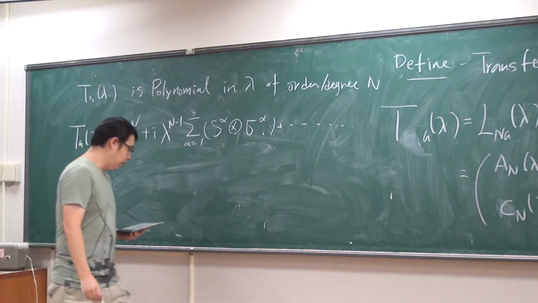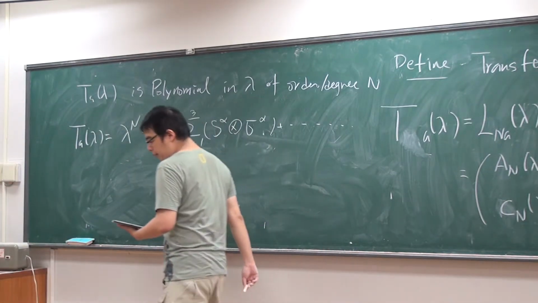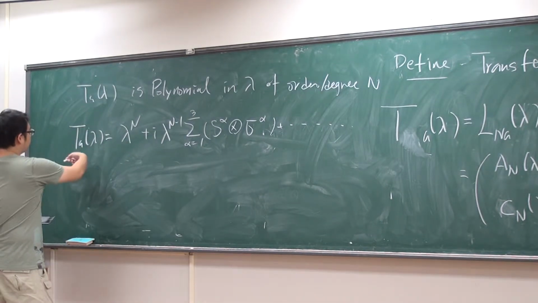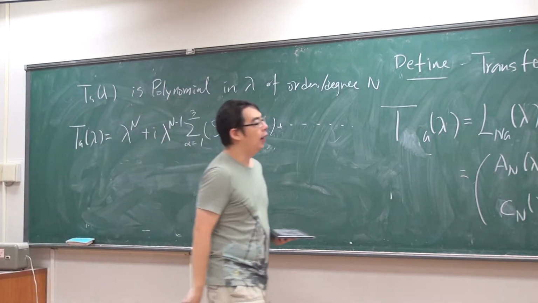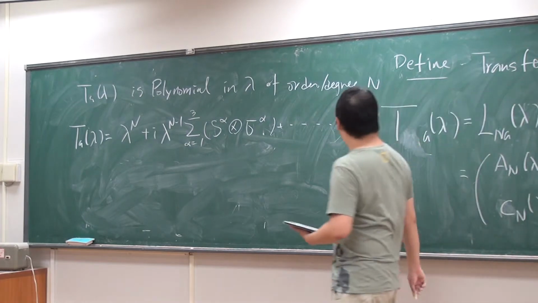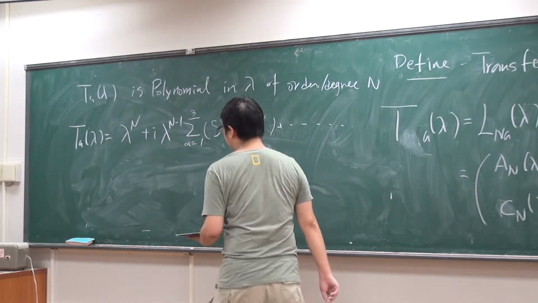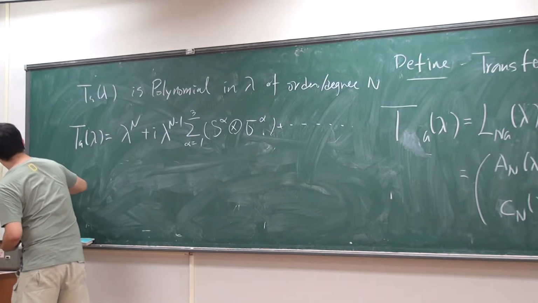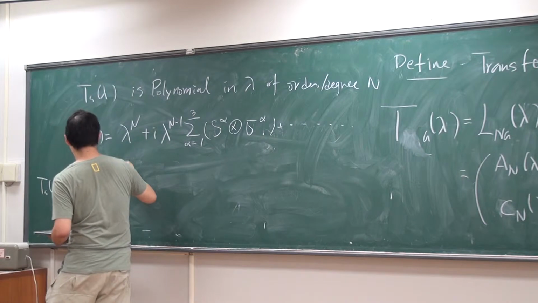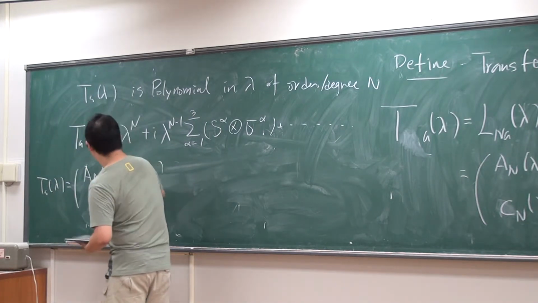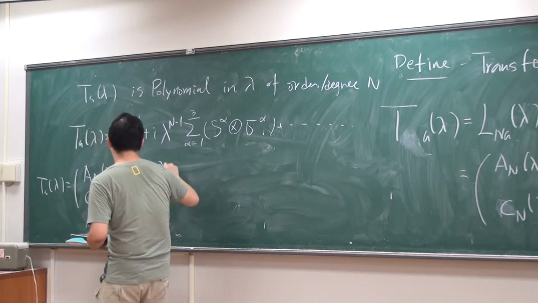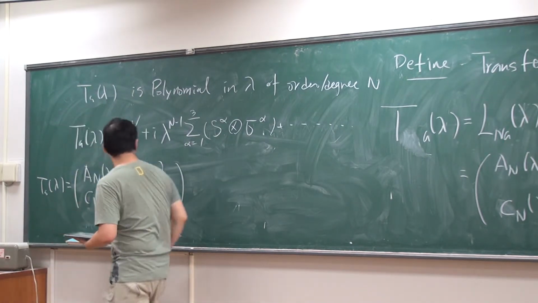Like what we usually do with matrices, the next thing we can do: now we have operators on the auxiliary space A, so we can think about tracing over it. Let me write down this object again: A(lambda), B(lambda), C(lambda), D(lambda).